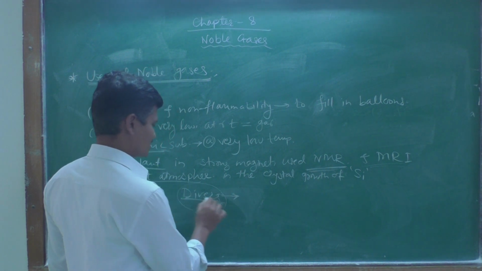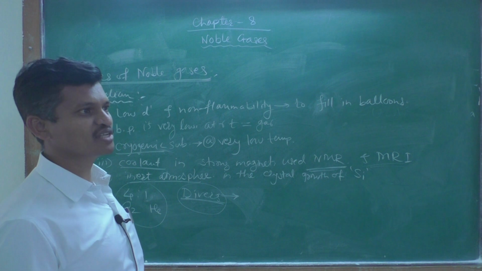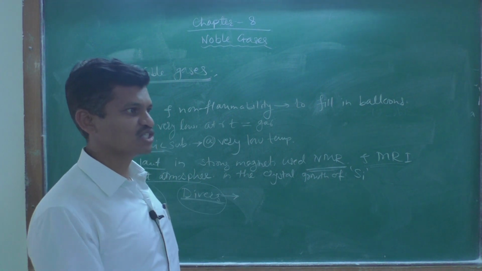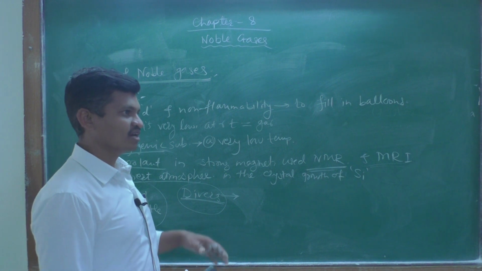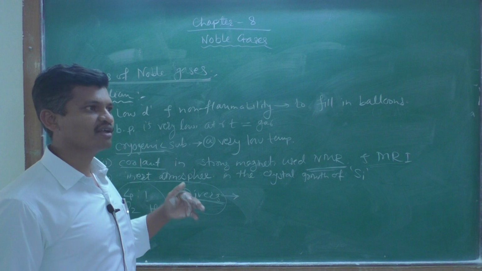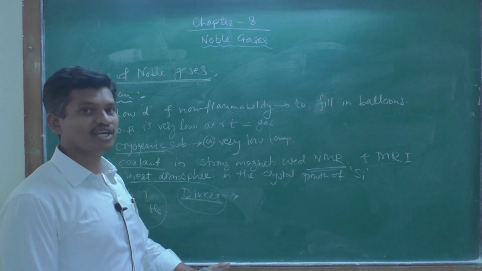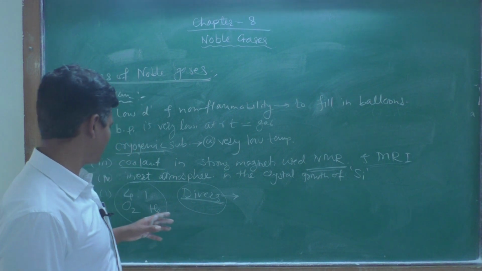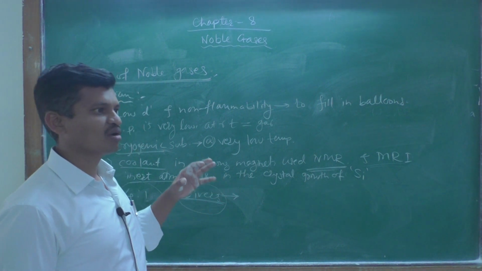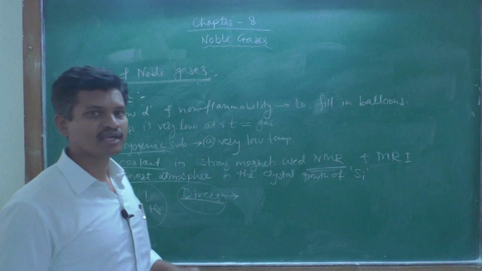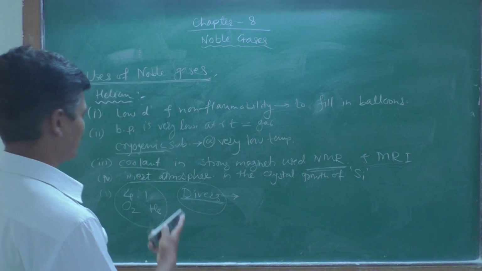Divers are the persons who dive in the deep sea or deep ocean. When divers take a dive, they carry oxygen cylinders, and in those cylinders the mixture is 4 to 1 of oxygen and helium. So these are some uses of helium.